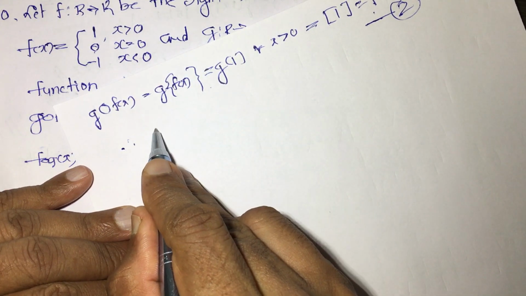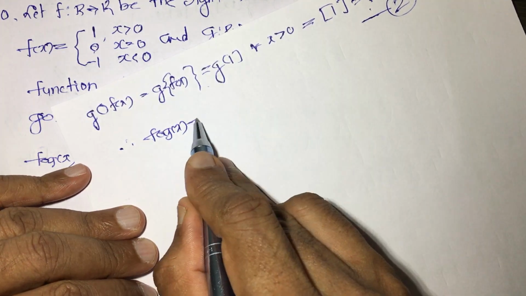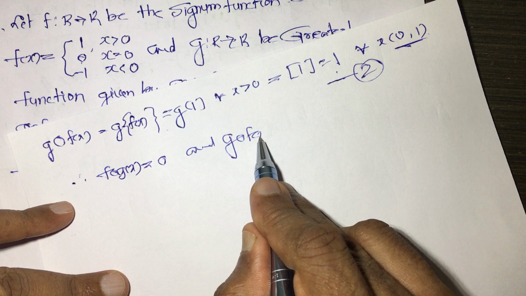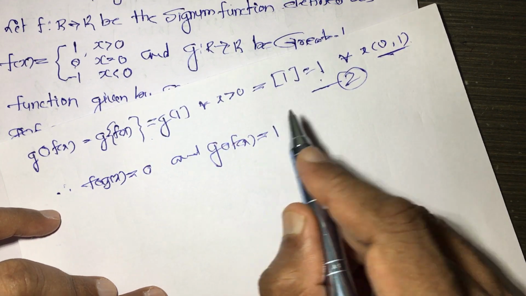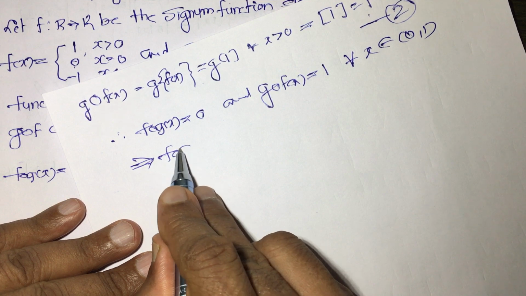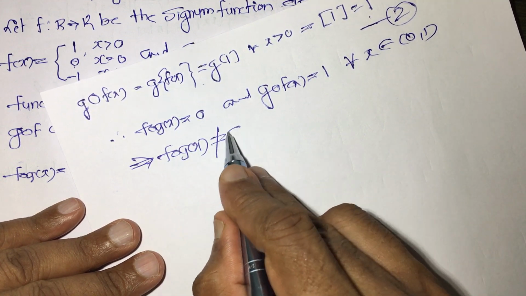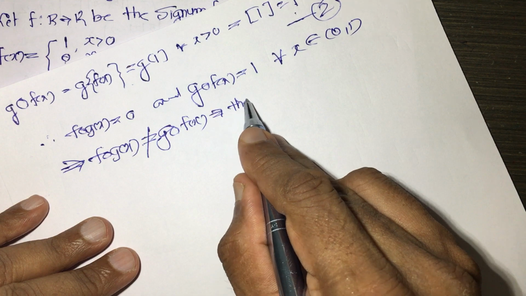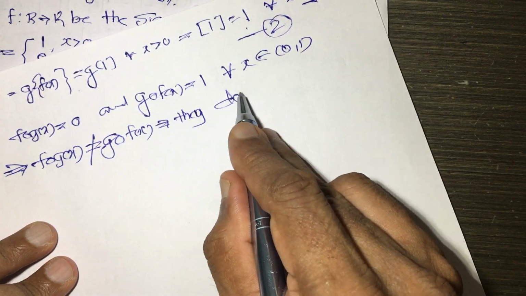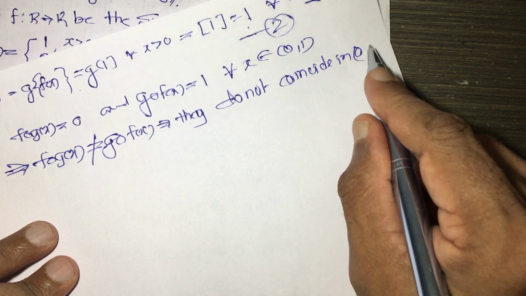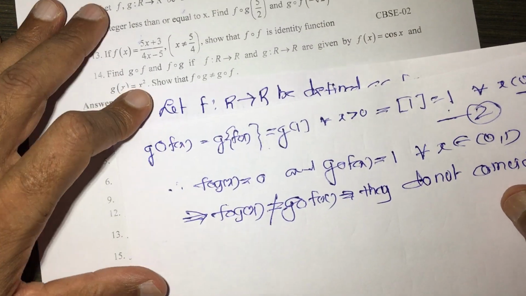Since f composite g of x is 0 and g composite f of x is 1 for all x belongs to (0, 1], this implies f composite g of x is not equal to g composite f of x, which means they do not coincide in the interval (0, 1]. That is the solution.